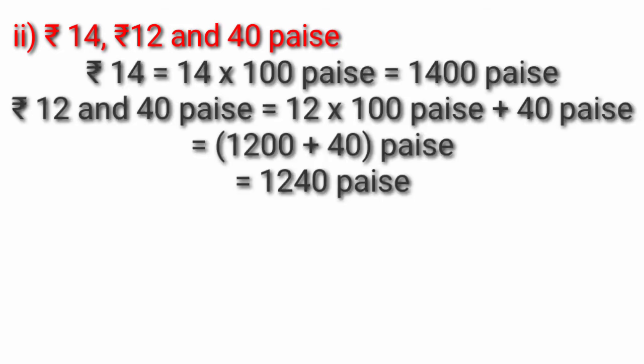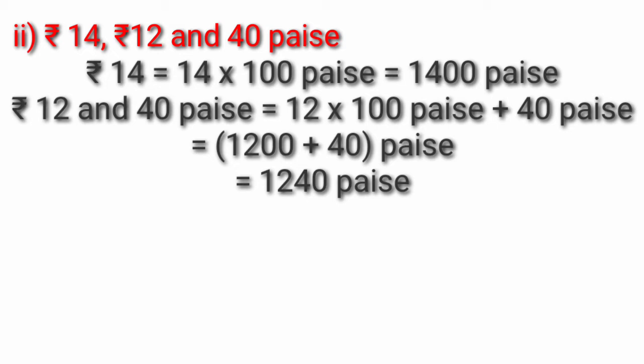Now second, rupees 14, rupees 12 and 40 paise. So firstly we have to convert rupees into paise. So rupees 14 is equal to 14 multiplied by 100 paise, which is 1400 paise, and rupees 12 and 40 paise is equal to 12 multiplied by 100 paise plus 40 paise, which is 1200 plus 40 paise, equal to 1240 paise.